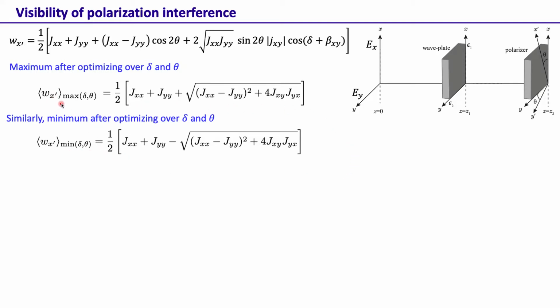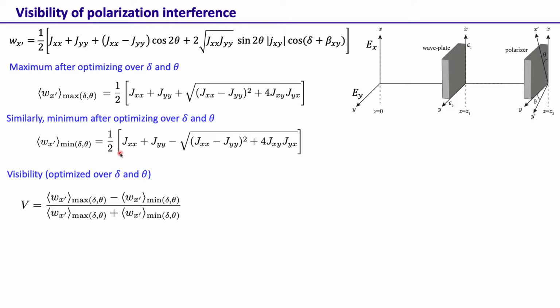So this is the maximum over delta and theta, and this is the minimum over delta and theta. Okay, so the visibility, optimized over delta and theta, is omega x prime maximum minus omega x prime minimum, divided by omega x prime max plus omega x prime min, and this quantity comes out to be this: square root of jxx minus jyy squared plus 4 jxy jyx, divided by jxx plus jyy.